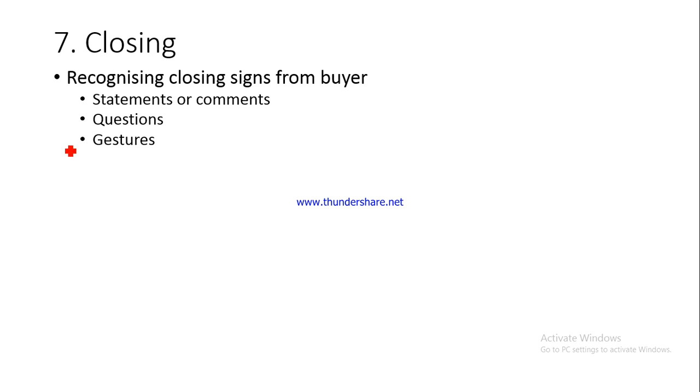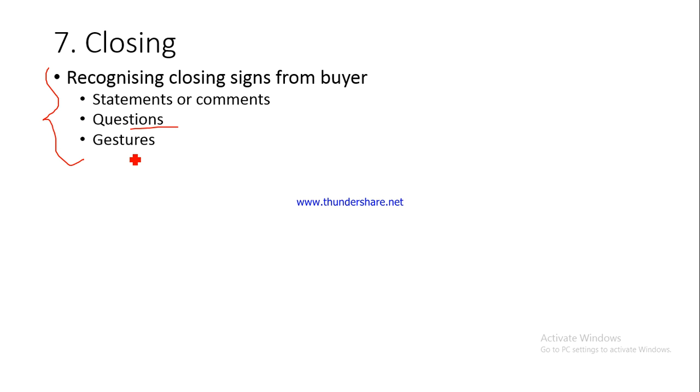And how do you decide whether the buyer also wants you to close the sales? There are some signals which are emitted by the buyer. For example, he may ask some questions, or he may use some gestures which show you that the buyer now is satisfied and convinced, and he just wants this meeting to end.